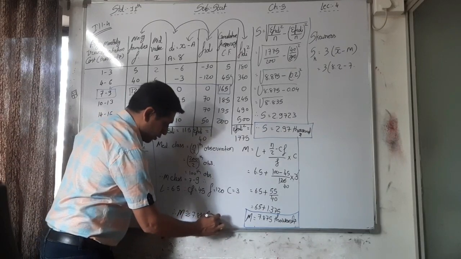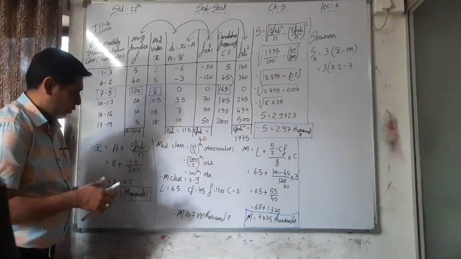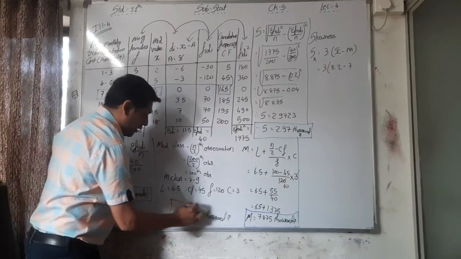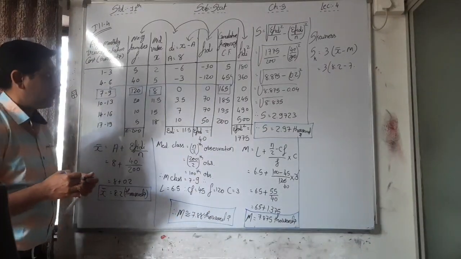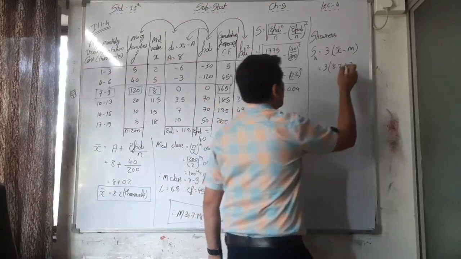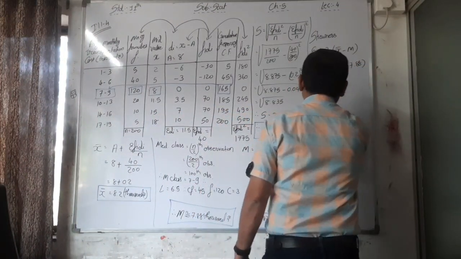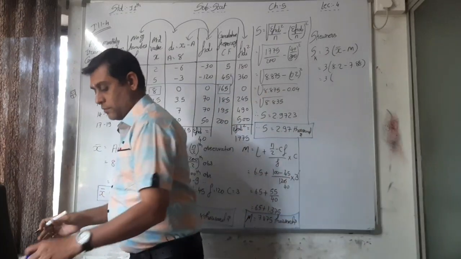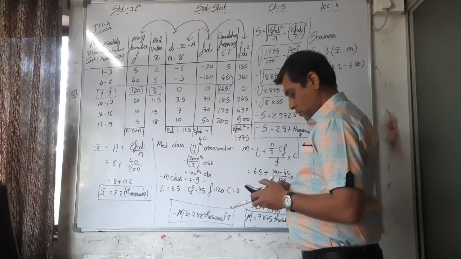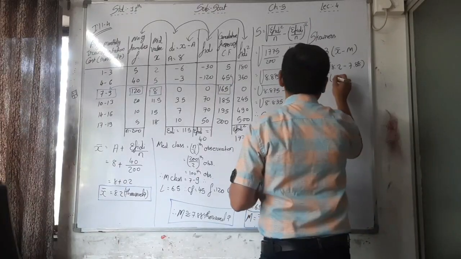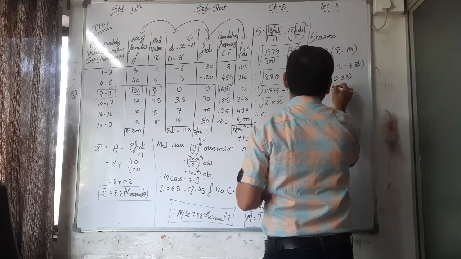So your final answer for median is 7.88. So 8.2 minus 7.88, 3 into bracket, is 0.32 into 3, which is 0.96.